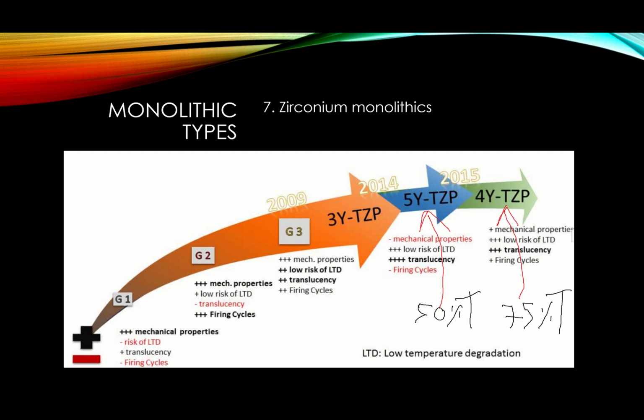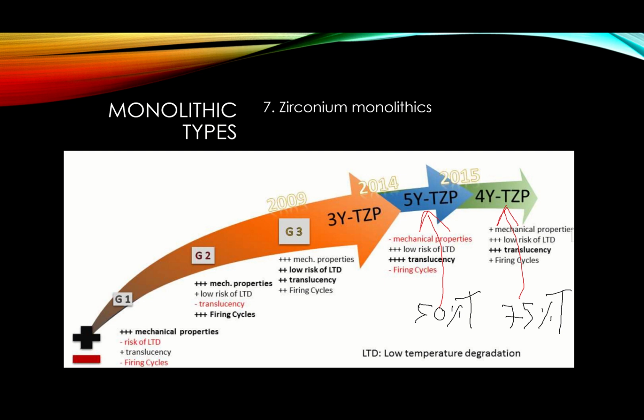Now, less tetragonal content means less strength, and you can fill up the other 50% with cubic zirconia to substitute for the yttrium stabilizer, so it will be more translucent, but with less mechanical property. At this point of the lecture, I just want to talk about tetragonal by itself.